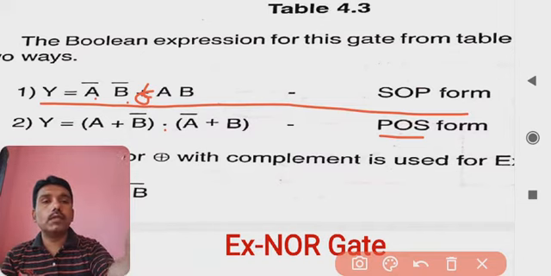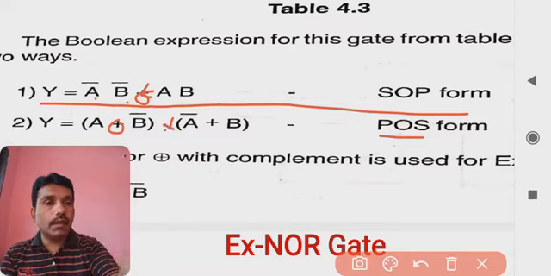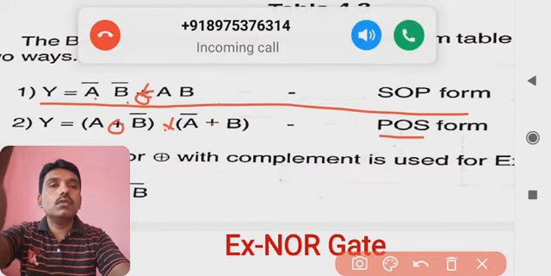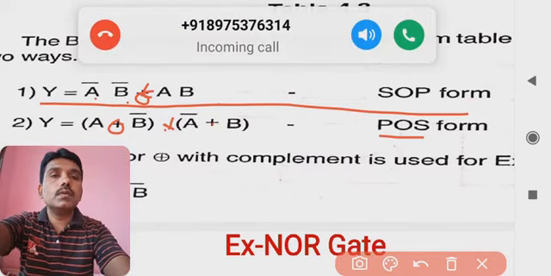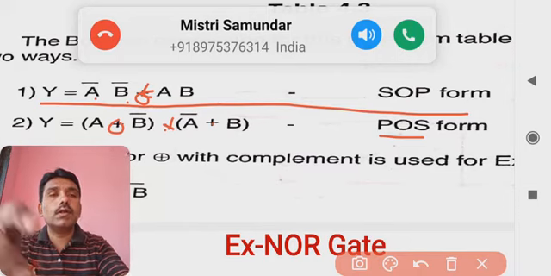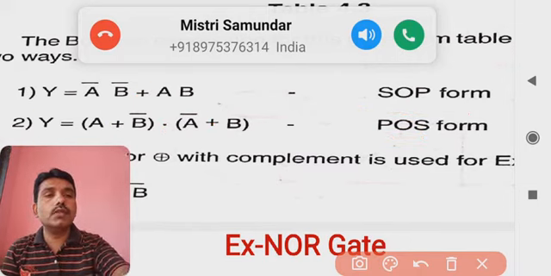For the POS, Y is equal to A or means plus B complement, and means dot, A complement or B. This is how it is written for the exclusive NOR gate.